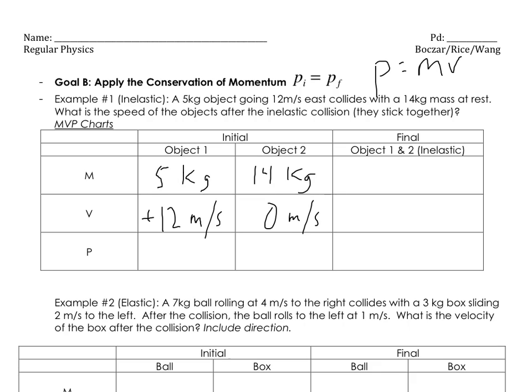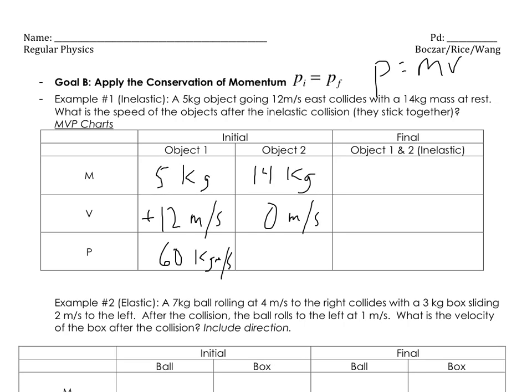per second. So to find the momentum, P, of each of these objects before the collision, we're going to use our equation, P is equal to mass times velocity. So 5 times 12 is 60, and the units for that are kilogram meters per second.